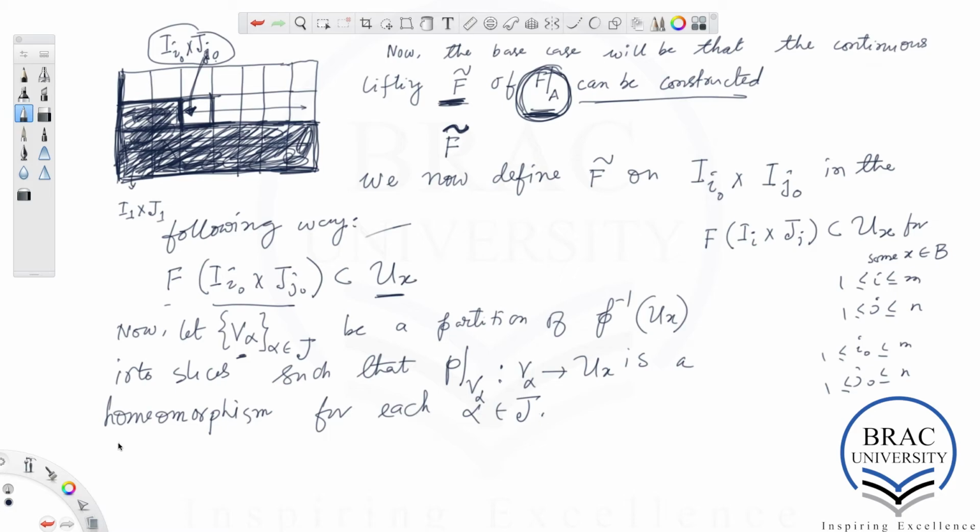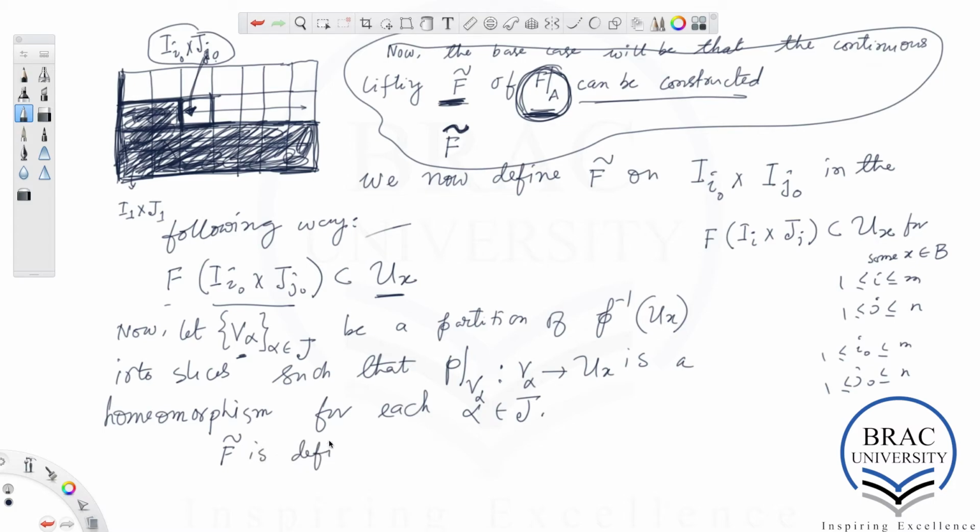Alright. Now, according to the inductive hypothesis, f tilde is defined here, in all of A. So f tilde is of course defined on the set C, which is the intersection of this area A with the rectangle I sub I0 cross J sub J0, okay?